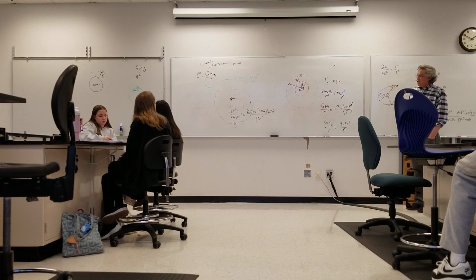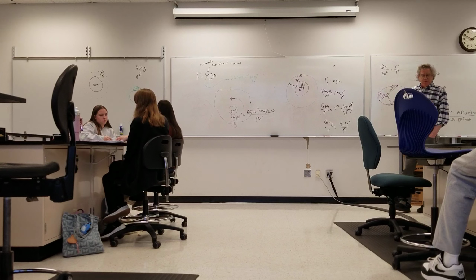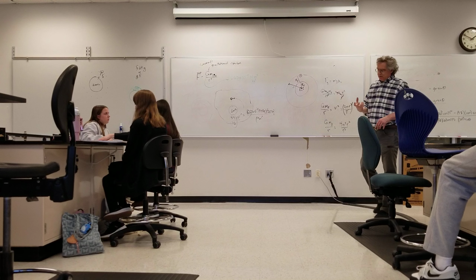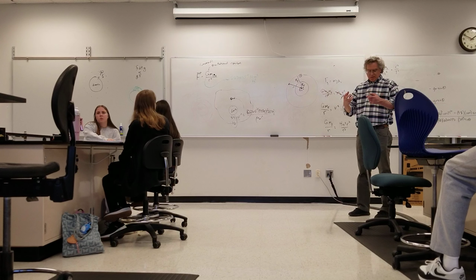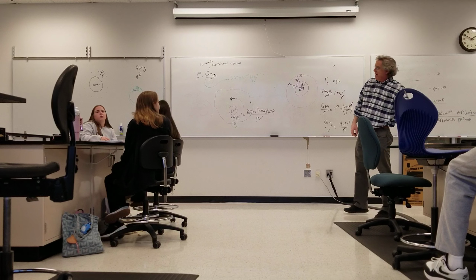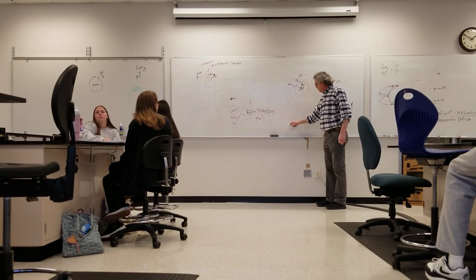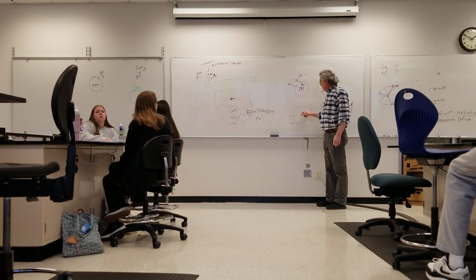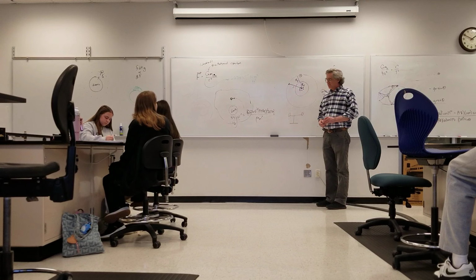To calculate big G, the way that was done is you take a set of masses on a stand. So I have a stand here, and I have two masses where I know what those masses are.